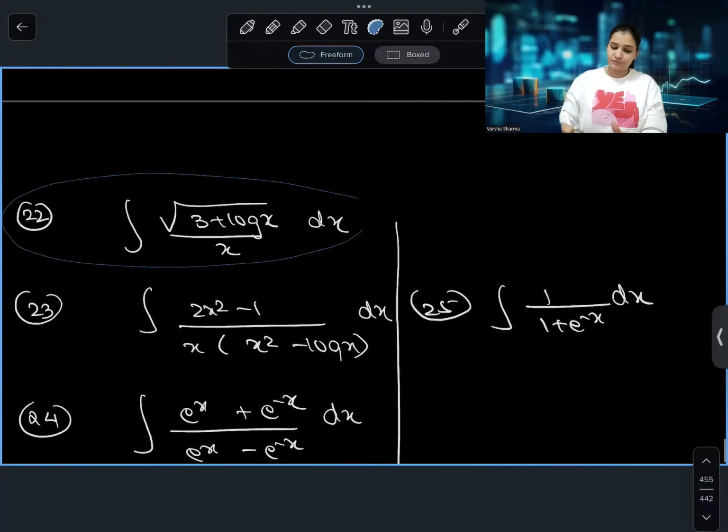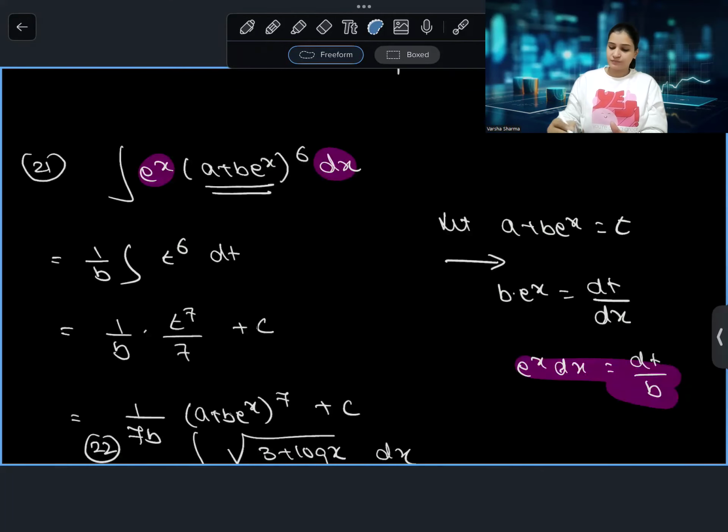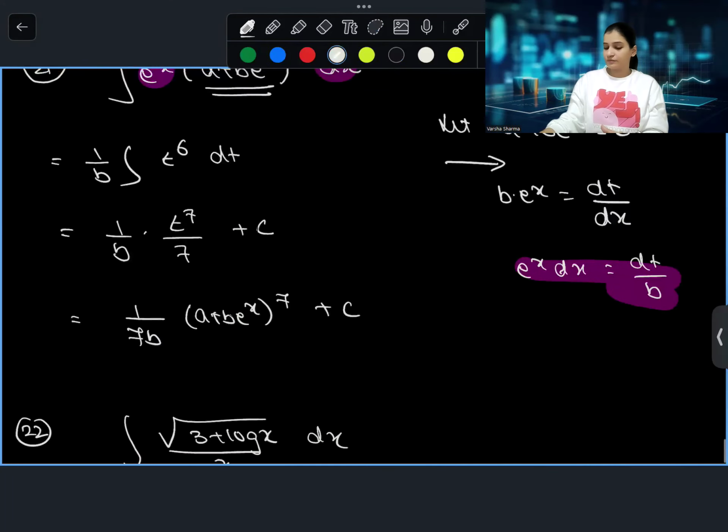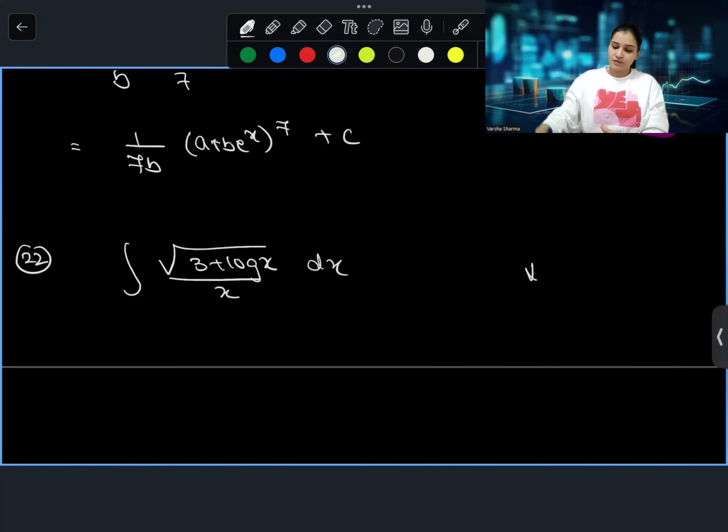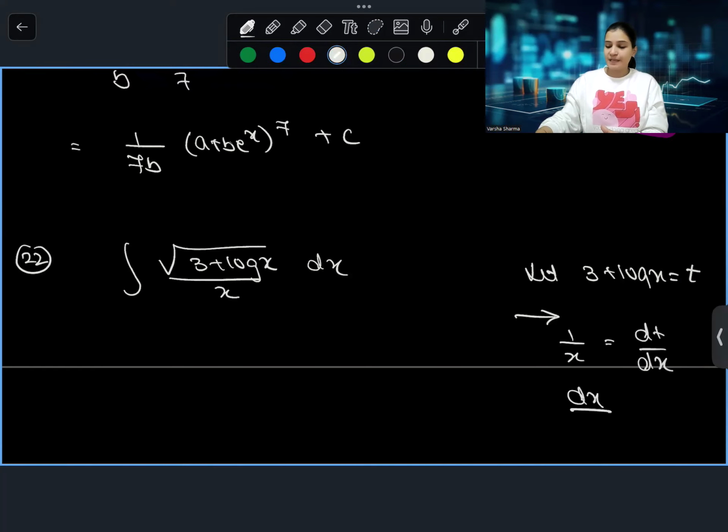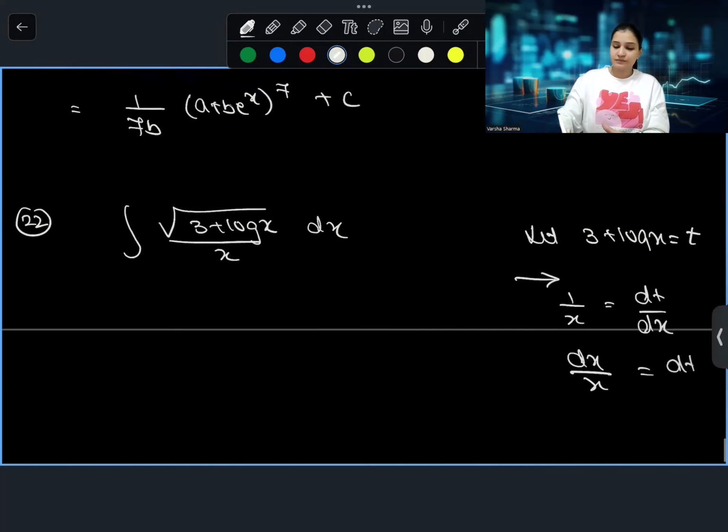Next, 22. Now here, take 3 plus log x as t. So the derivative of log x becomes 1 by x. So I have dx by x becoming dt here.